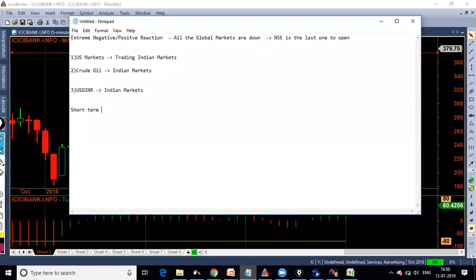They are trading money. They are not investors. Investors will not look into US markets and then take a trade decision over here about whether to invest or not.